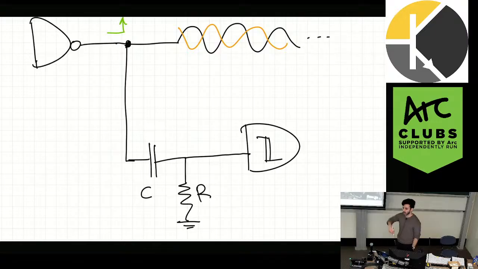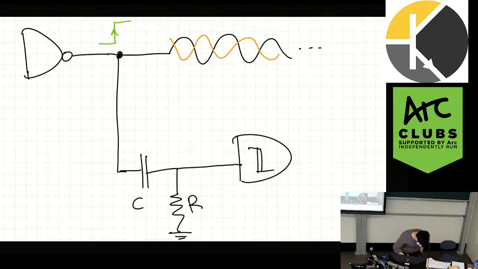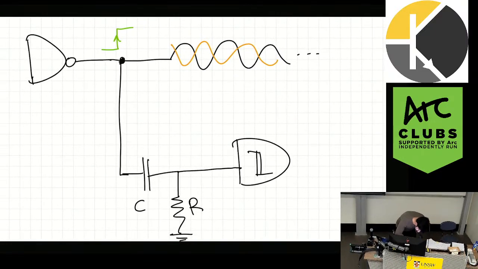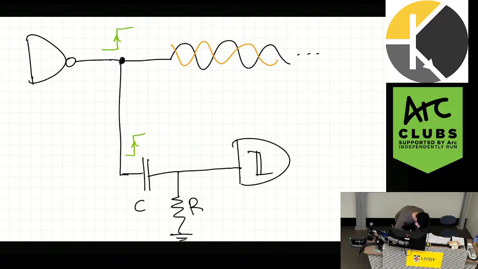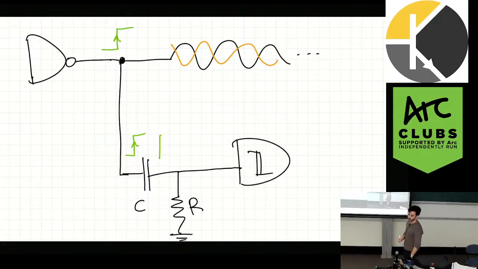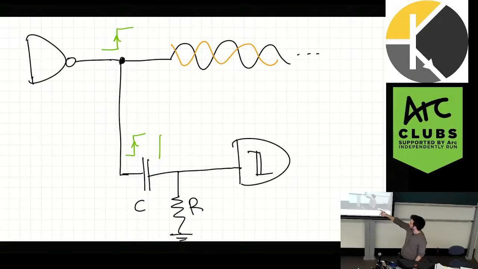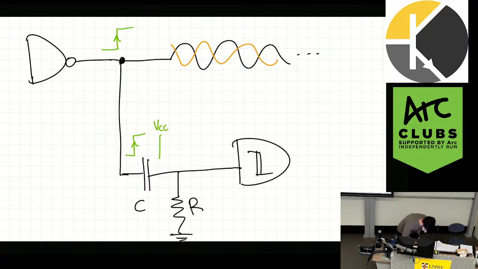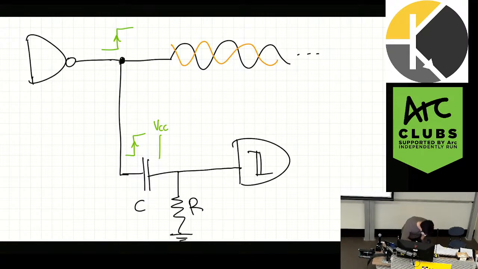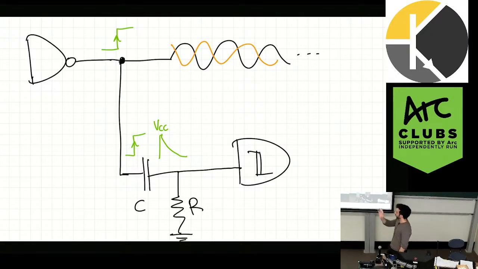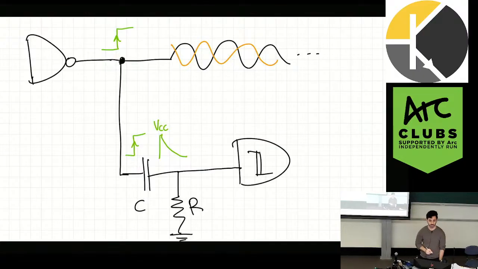Yep, so it's going to spike up as well, right? When there's an increase at the node of the capacitor, this voltage is also going to immediately increase because voltage across a capacitor can't change instantaneously. So it's just going to match whatever it sees on the left-hand side. And then it's going to discharge through the resistor, right? So it's going to pull up to VCC, or VCC over 2, whatever, and then it's going to discharge through that resistor.